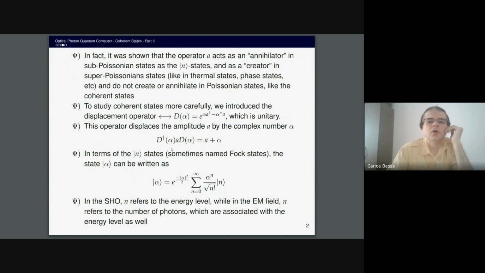In fact, it was shown that the operator A acts as an annihilator in the states we call sub-Poissonian, like the N states, the Fock states, and as a creator in super-Poissonian states, like the thermal states, phase states and other ones. But we will not show details about this today.